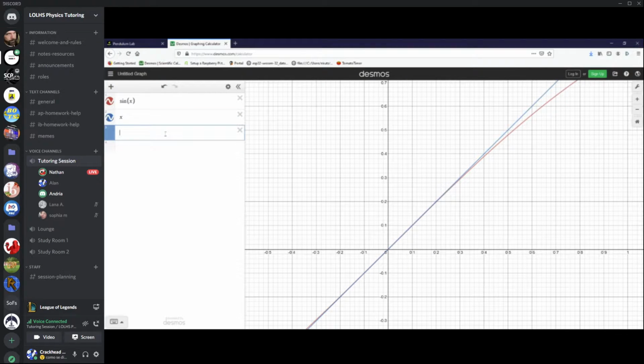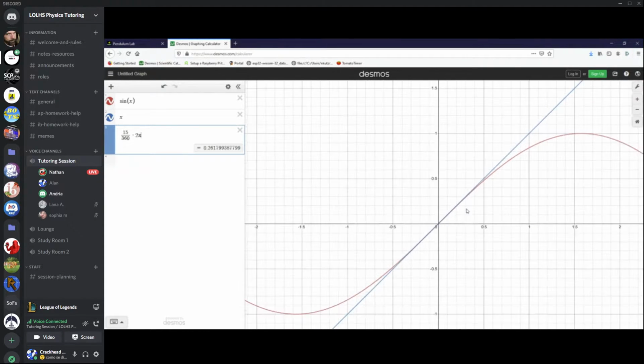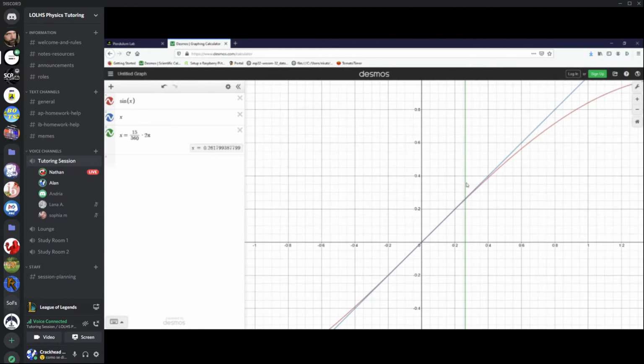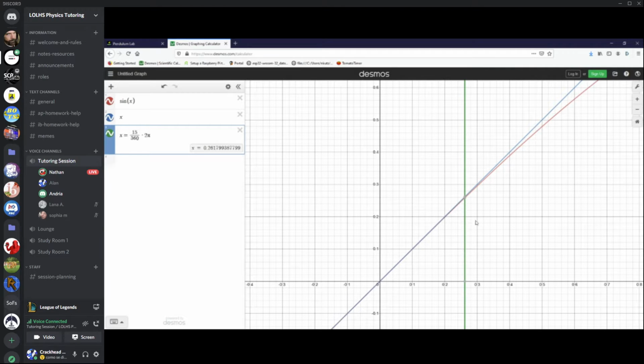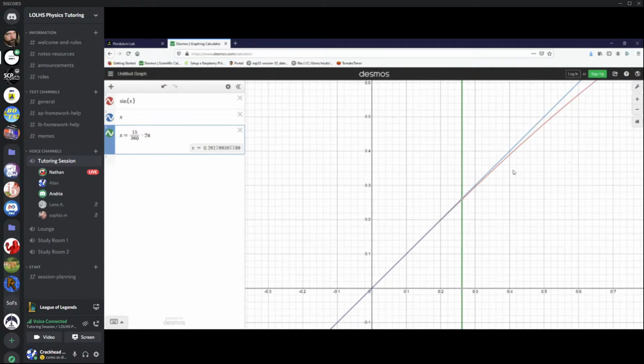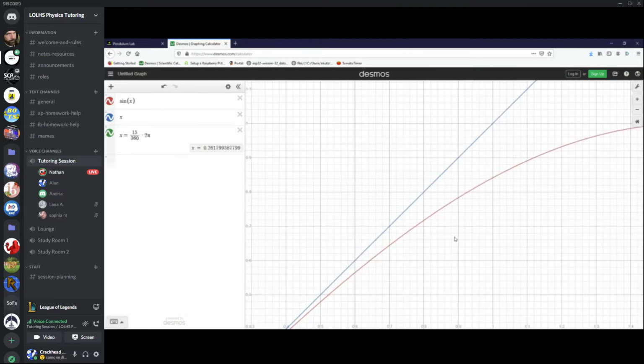If we put 15 over 360 times 2, this line here is 15 degrees, right? And so you'll notice between 0 and 15 degrees, the line of y equals x and the line of y equals sine of x are almost identical, right? After 15 degrees, they start to diverge, right?